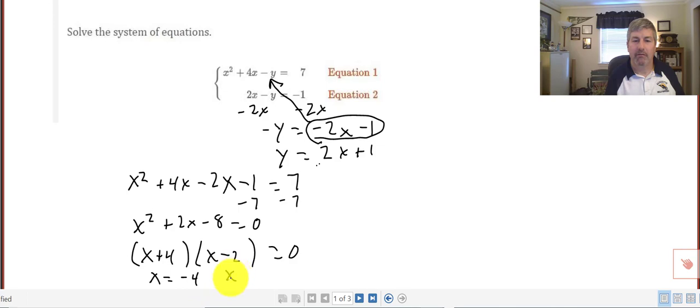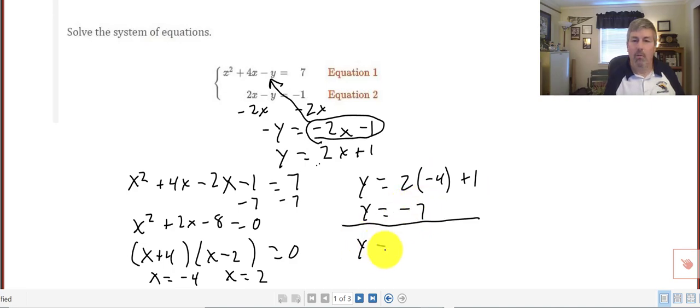x can be negative 4 and x can be 2. Completing our back substitution, y equals 2 times negative 4 plus 1. y can equal negative 7, or y can equal 2 times 2 plus 1, and y equals 5.